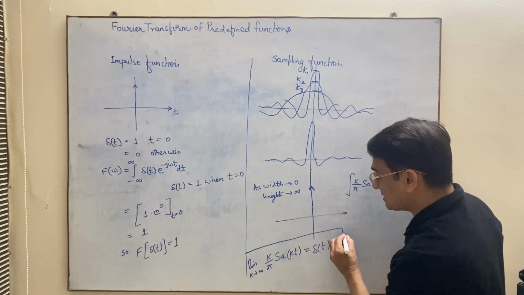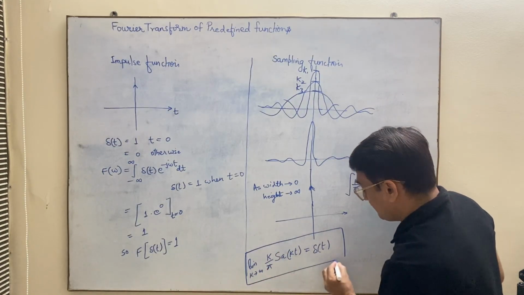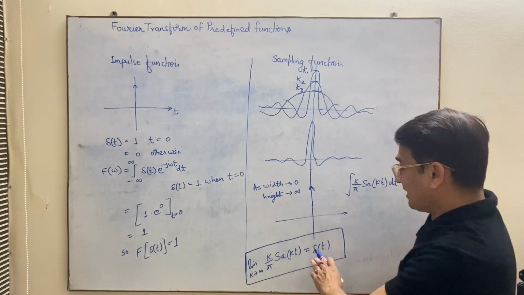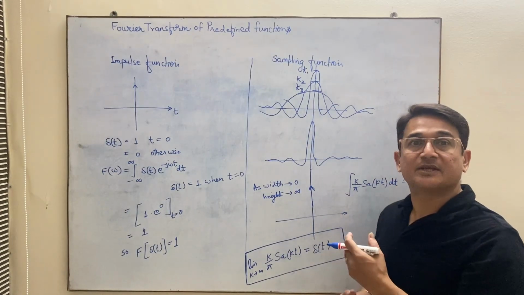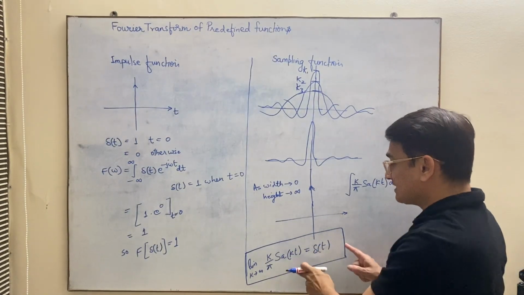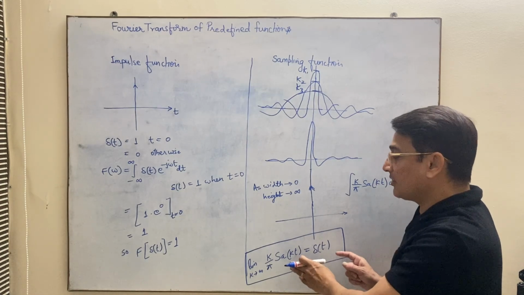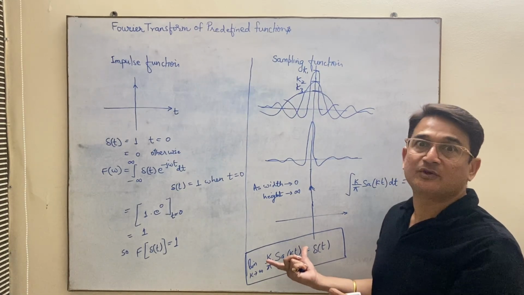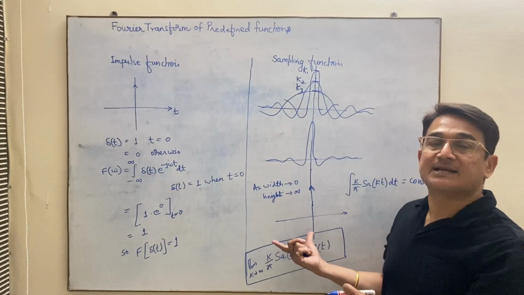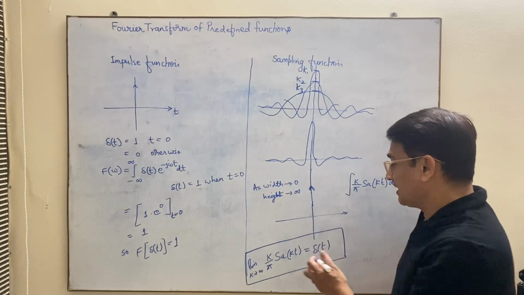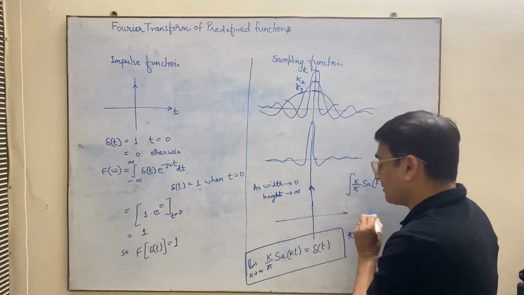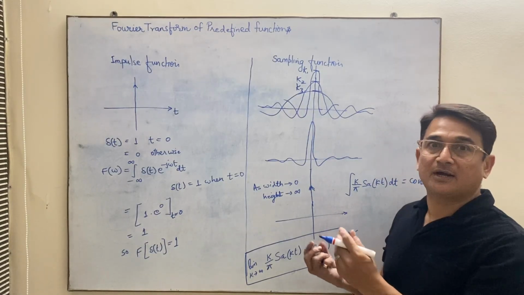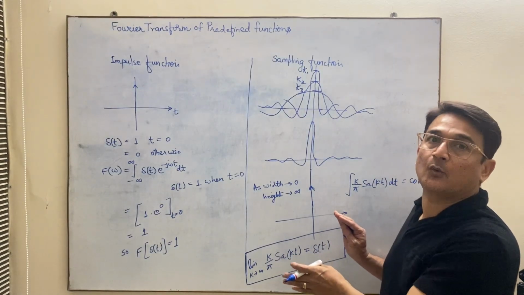Please keep this relationship in mind, because it will be useful in various calculations of Fourier transforms. This is an important result, useful further in various examples, so note it down in your notebook and keep a star mark.